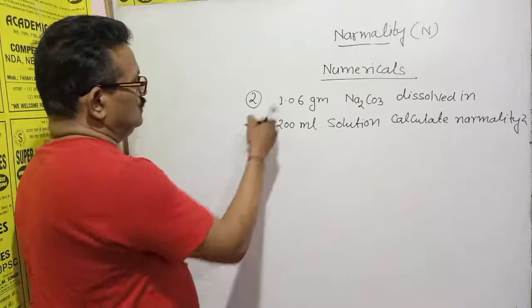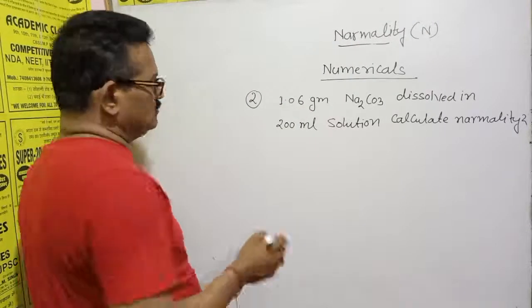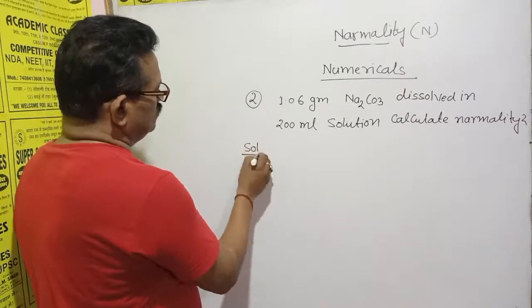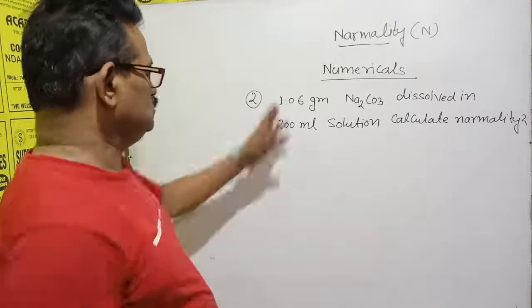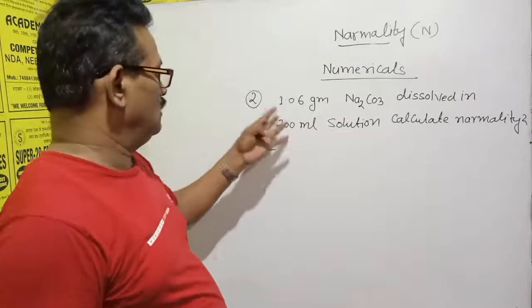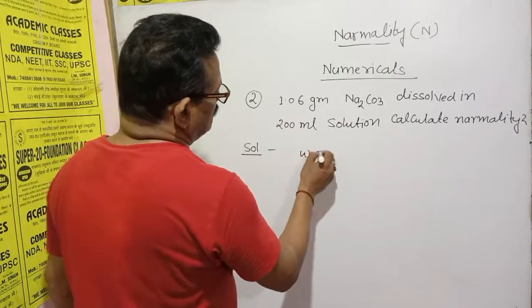Here you see that 1.06 gram is the weight of solute. You can easily solve this question here. First, your weight of solute is given here, 1.06 gram.